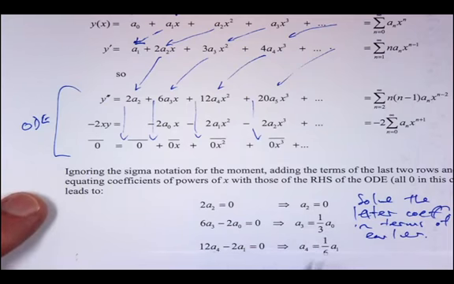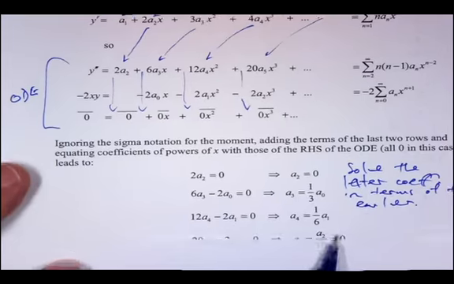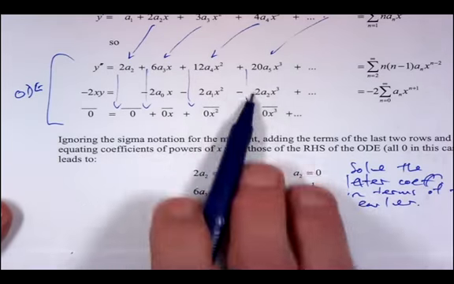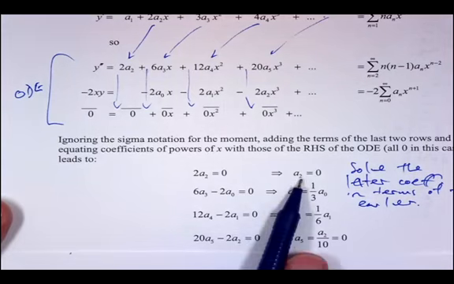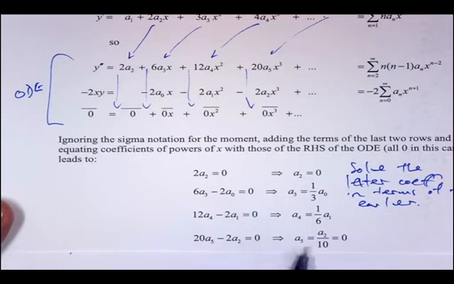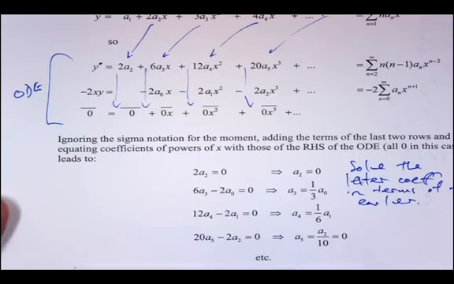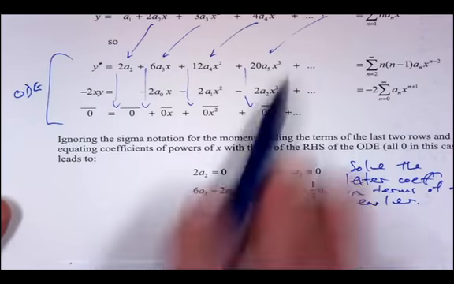This one, A4 in terms of A1. If we get down to the next one, 20A5, that's this thing here, in terms of A2, but you see we already know something about A2, so we can jump back and use what we've learnt previously about A2, and that means that A5 turns out to be A2 divided by 10, but then it's 0 once we put that in.